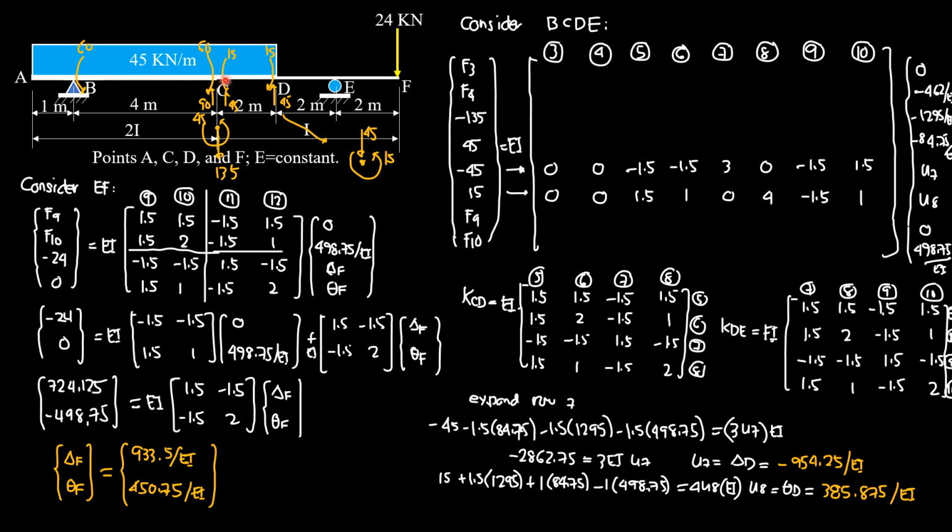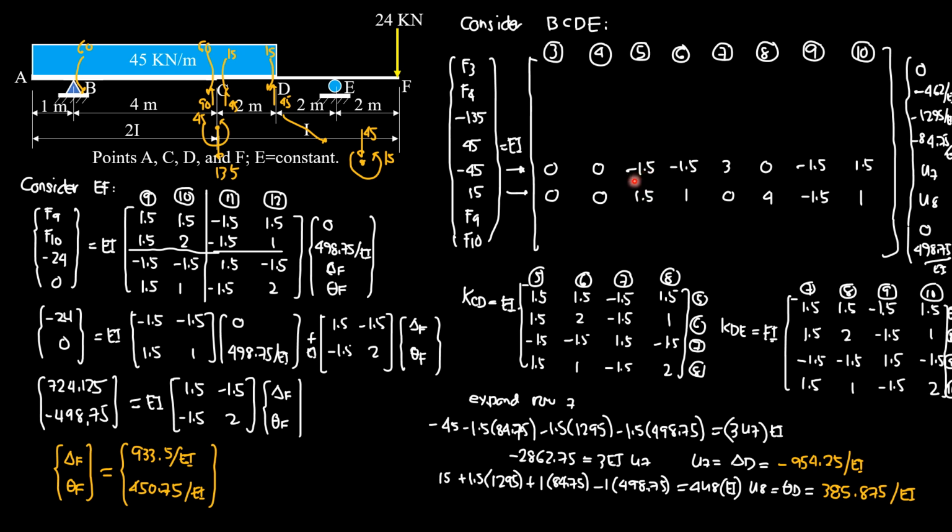All the displacements here are known except for delta D and theta D, which correspond to U7 and U8. So we fill up only row 7 and row 8 and these column numberings here because the displacements of the other numbers are already found.